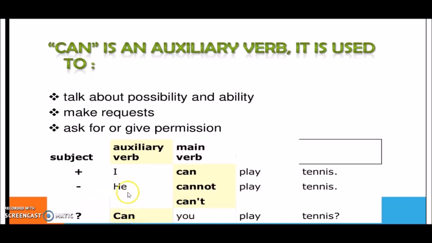You start with the auxiliary verb, then subject, main verb, and complement. Can you play tennis? Can you play tennis? So this is for ability. Let's look at some examples about this verb.